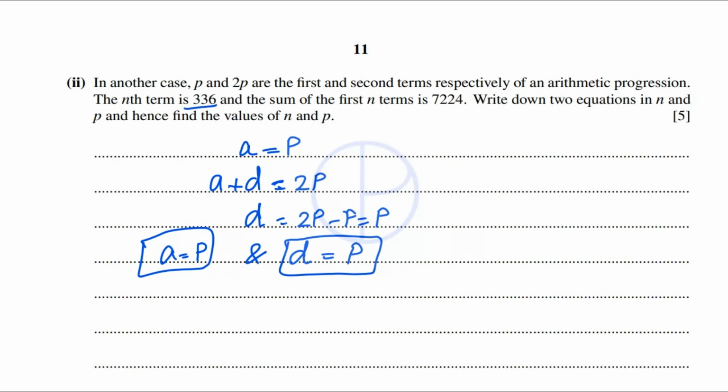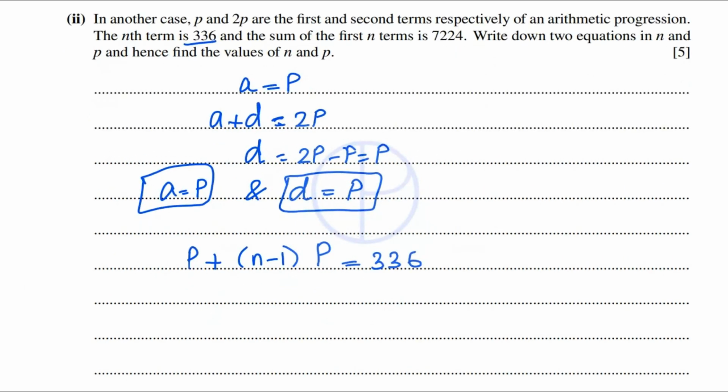The nth term is 336, so p plus (n minus 1) multiplied by d, which is p, equal to 336. Let's simplify this. p plus np minus p equal to 336. So p and negative p get cancelled, so np is equal to 336. Let's mark this as 1.